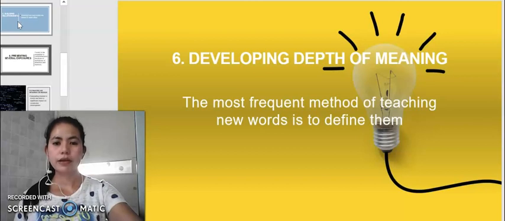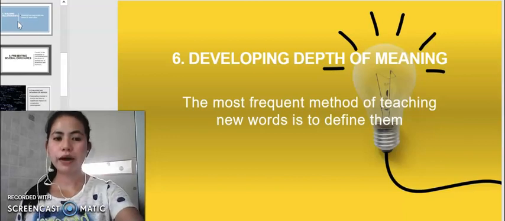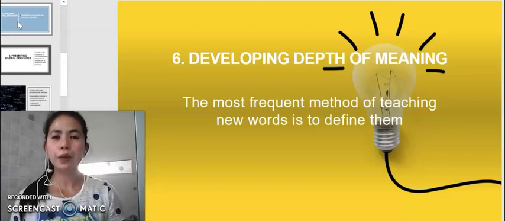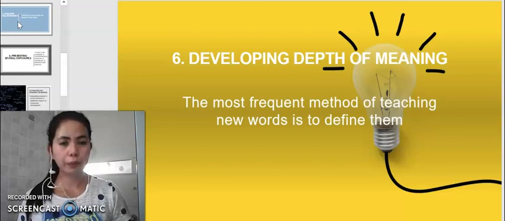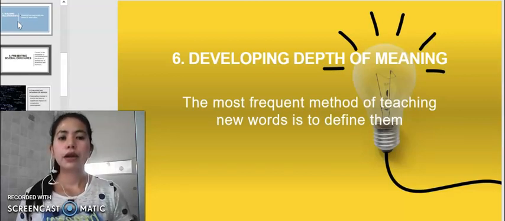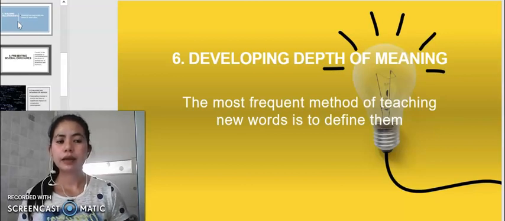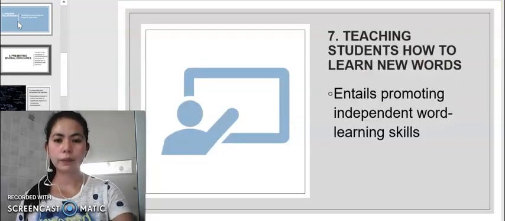And number 6, developing depth of meaning. The most frequent method of teaching new words is to define them. Example, the teacher provides the following contexts for the word persistent, such as persistent detective, persistent salesperson, persistent pain, and persistent rain.